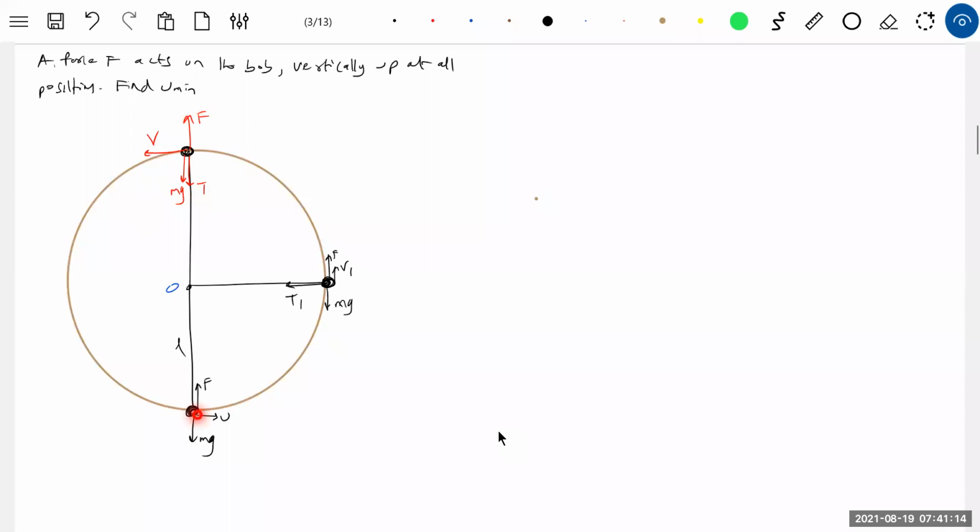Only the lowest point can be the critical point. When will it be? When F is greater than mg. If F is less than mg, we don't have any critical point. So when F becomes greater than mg, then the lowest point will become the critical point.